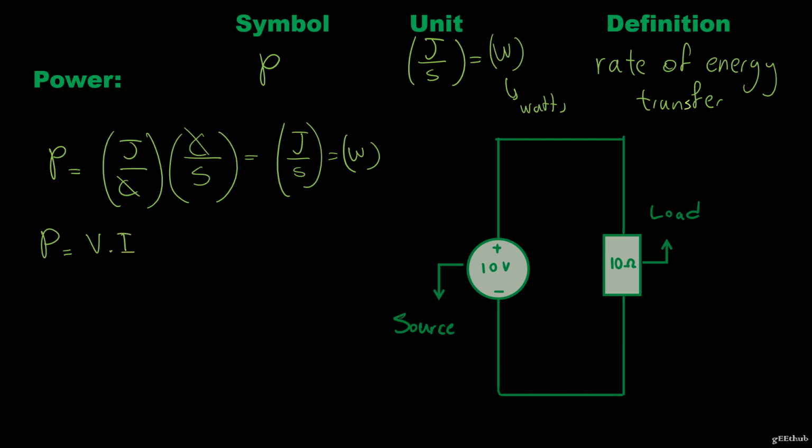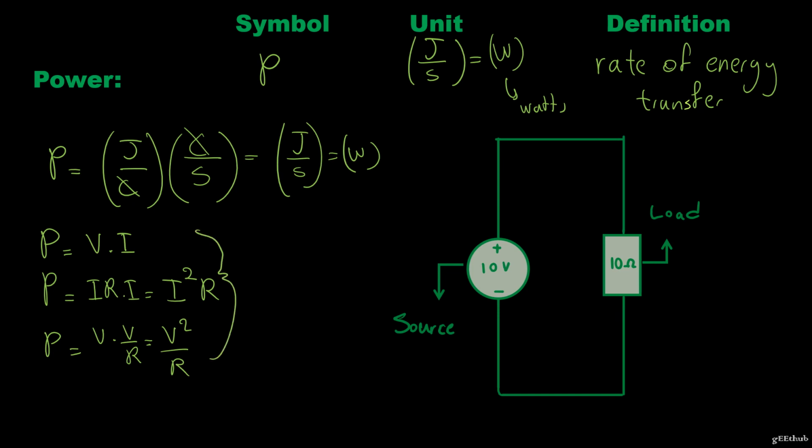And I will replace voltage with my Ohm's law, and that's going to give me IR times I is equal to I squared R. And again, I'm going to replace the I this time, V times V over R is equal to V squared over R. So I have these three equations that I used Ohm's law for to get an equation for power.